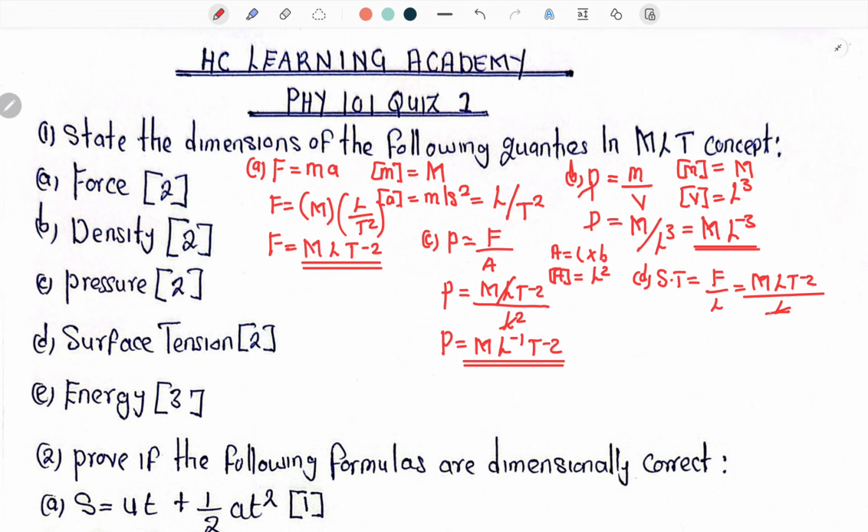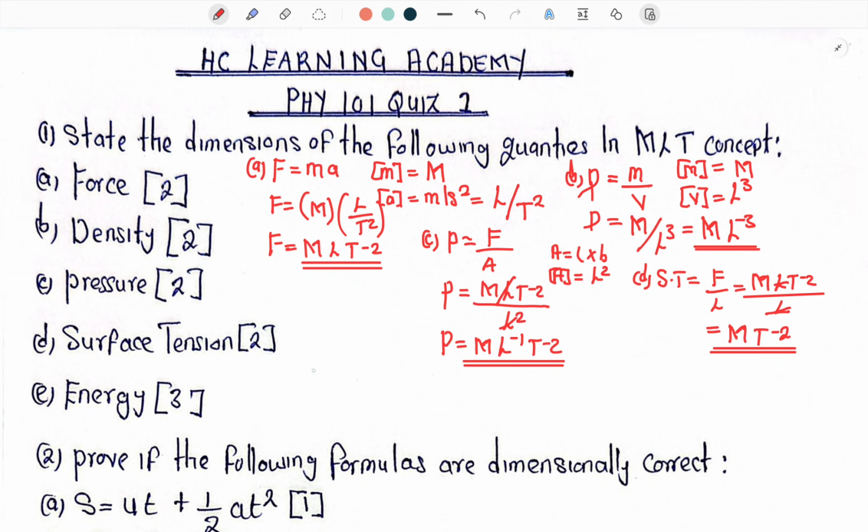It is simply L. So when you cancel this and the other, your dimensions of surface tension should be your M, T to the power negative 2. Then you are able to find the answer for this particular question.